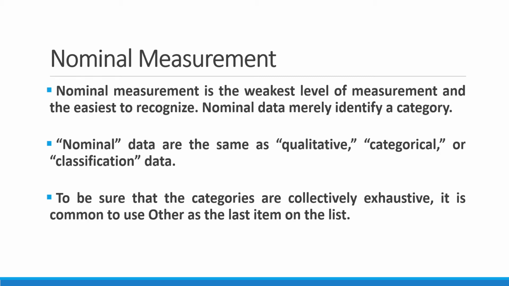Again, it's binary categories. Or which cell company you are member in, such as Vodafone, Orange, We, others. So in nominal data, the values are always qualitative, classification, or different categories.